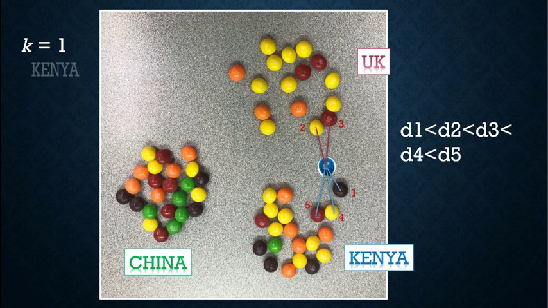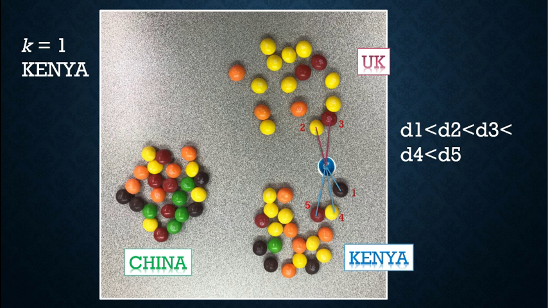When we set the value of k at 3, the 3 nearest documents to the blue Skittle are documents 1, 2, and 3. Documents 2 and 3 belong to the topic of UK, and only one document belongs to the topic Kenya. Therefore, the probability that the test document belongs to the UK group is higher.